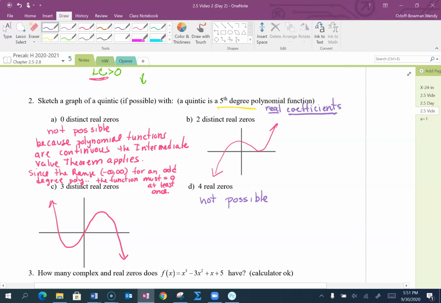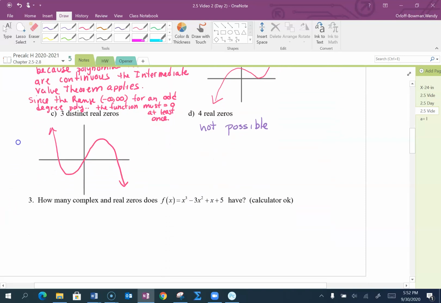For real zeros with a polynomial function with real coefficients, that would mean I'd have to have one imaginary zero. And if they're real coefficients, we learned in the prior lesson that if I have a complex number that is a zero with that imaginary part, then its conjugate is also a zero. So they come in pairs. And if that happened, I'd have 6 zeros. But I would have exactly 5 zeros with a 5th degree polynomial.